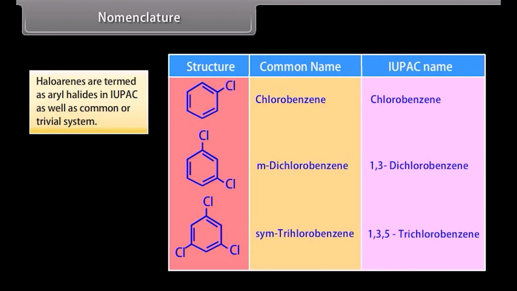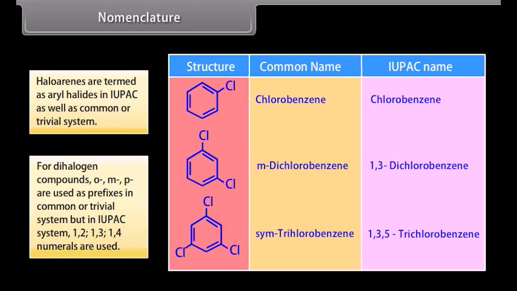Haloarenes are termed as aryl halides in IUPAC as well as common or trivial system. For dihalogen compounds, ortho, meta, and para are used as prefixes in common or trivial system, but in IUPAC system, 1,2; 1,3 and 1,4 numerals are used.